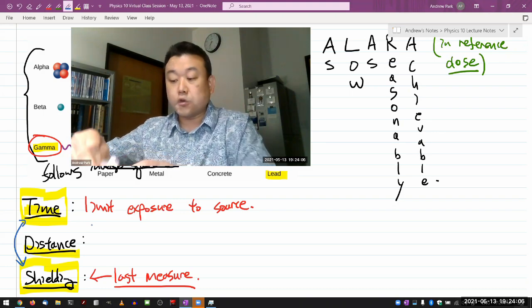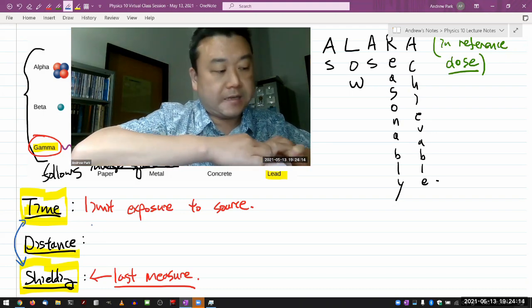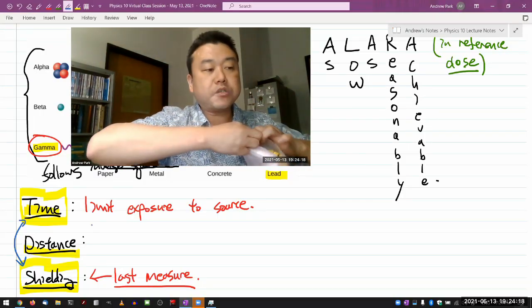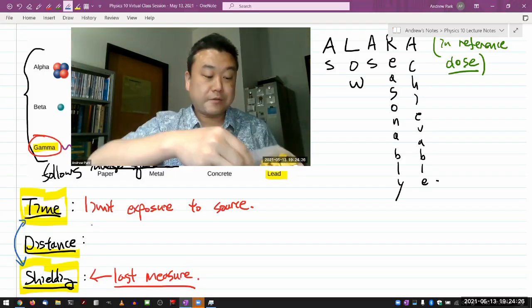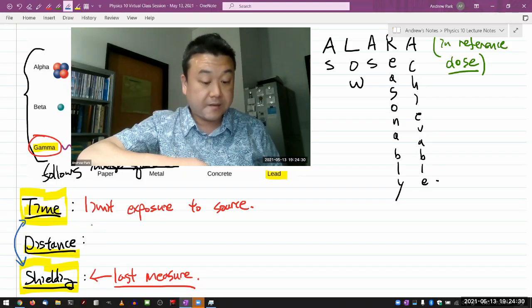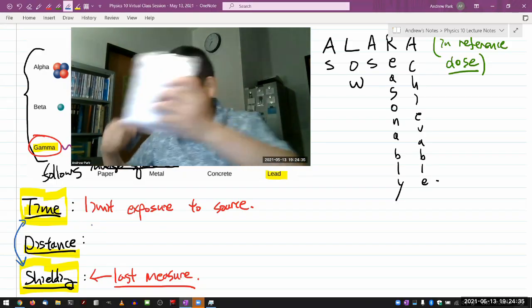These sources are so weak. They are of small enough activity that when you do the estimate of how much exposure a person would get, it turns out to be a very small amount. So that's how they establish what quantity is considered exempt. So let me just pull out one of them. Some of these other sources are for other things.